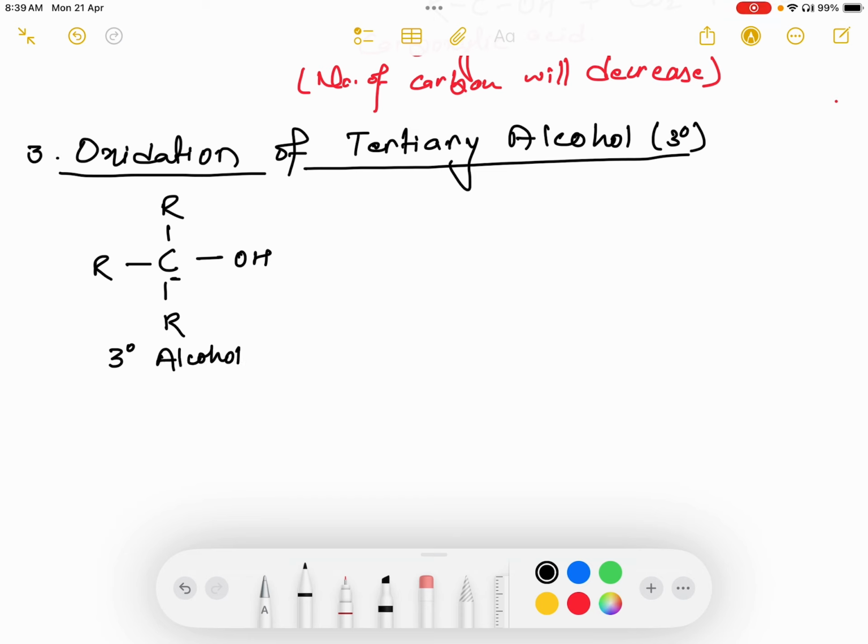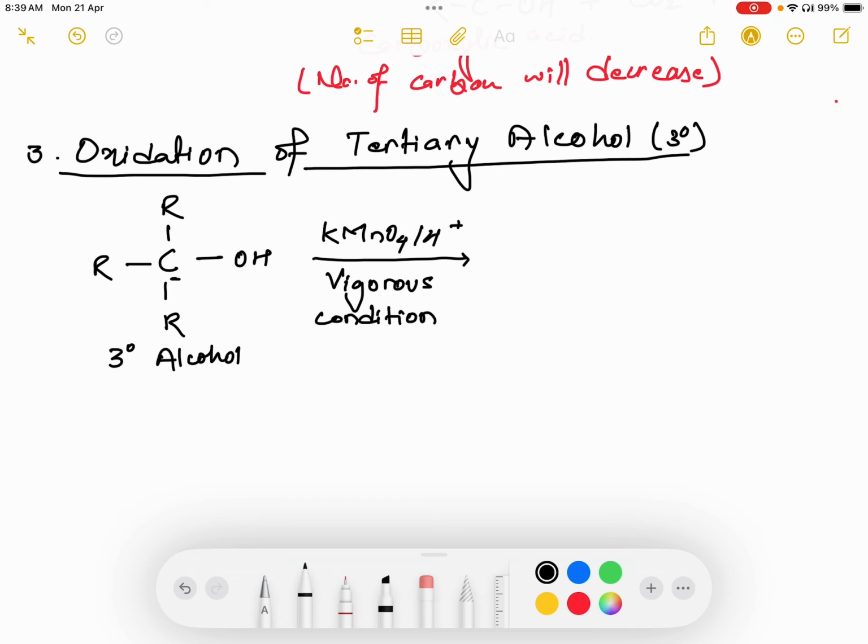And basically 3-degree alcohol doesn't oxidize under normal condition. So if we are treating it with an oxidizing agent, it will not oxidize easily. So we need to treat them under vigorous condition. Under vigorous condition, it gives us ketone.